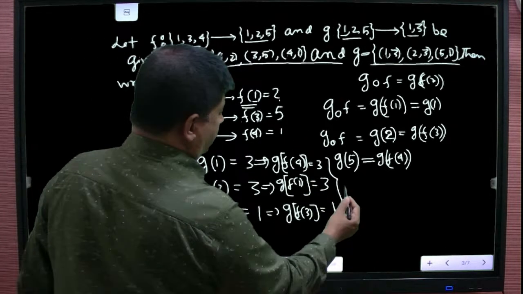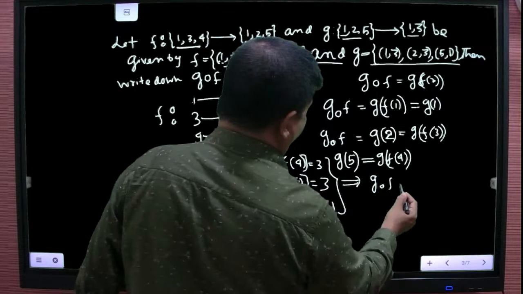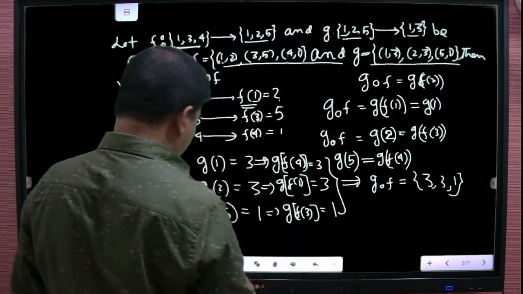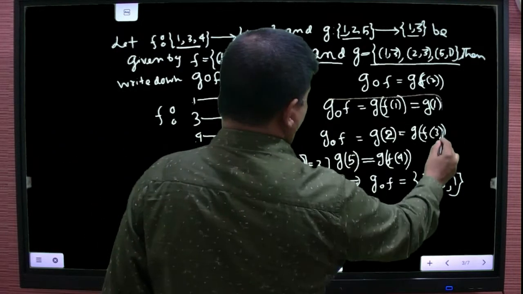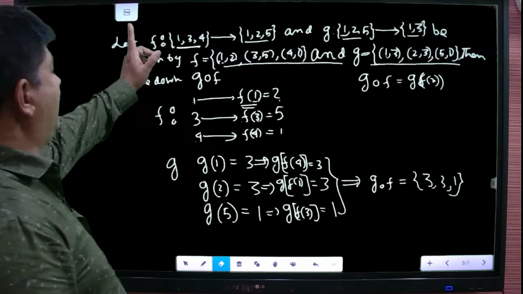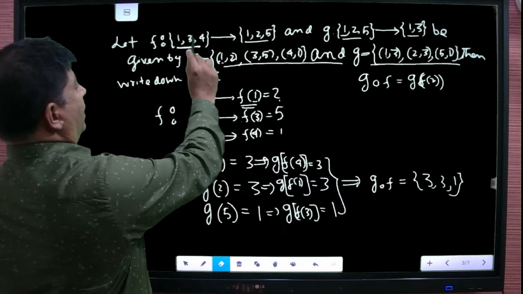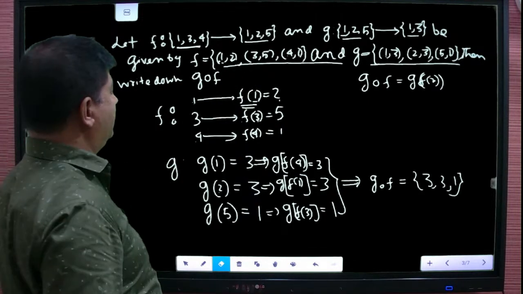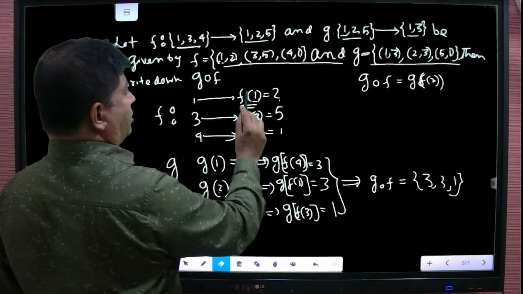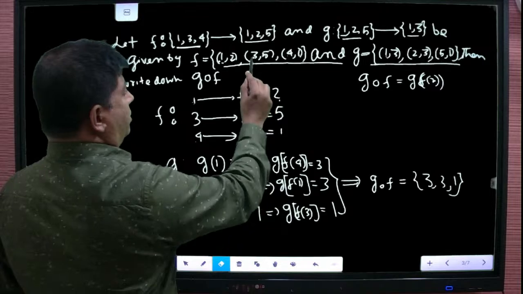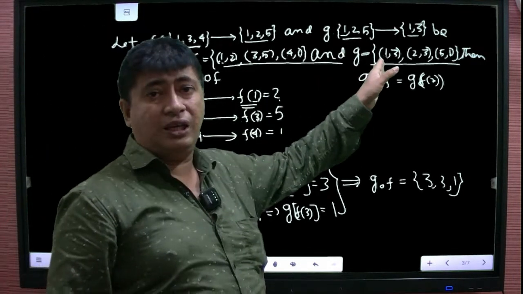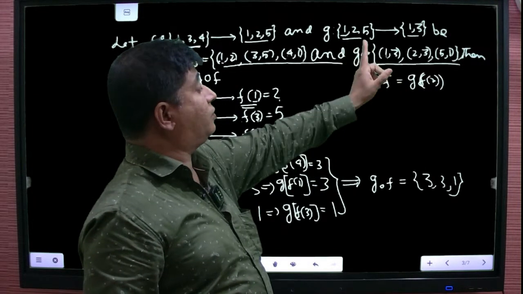So GOF is what? 3, 3, 1. So this concept we can describe in this manner. We have seen 1 goes to 2, 3 goes to 5, 4 goes to 1. So F1 is equal to 2, F3 is equal to 5, F4 is equal to 1. Now you see g does what? g maps 1 to 3.